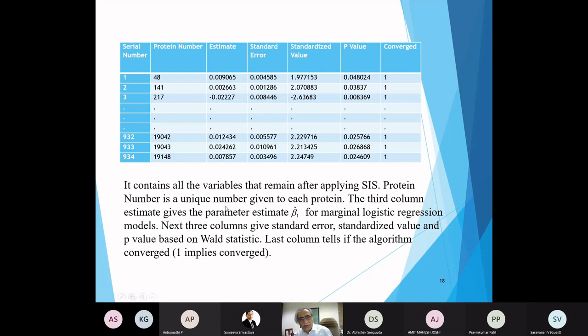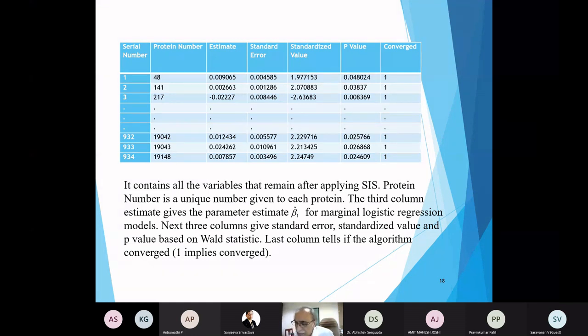But the takeaway is that using sure independence screening, these many proteins get retained. That is the moral of the story. The original data dimension was 19,200. It is mind-boggling, and the standard statistical methodologies fail to deal with this type of problem.